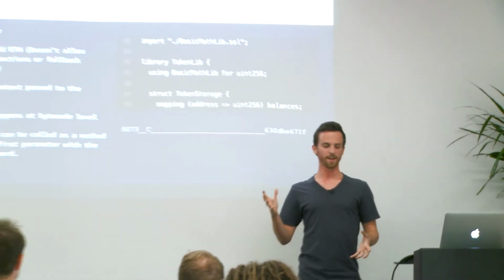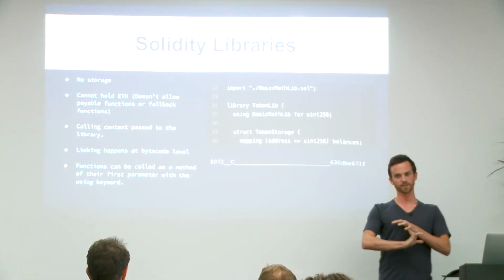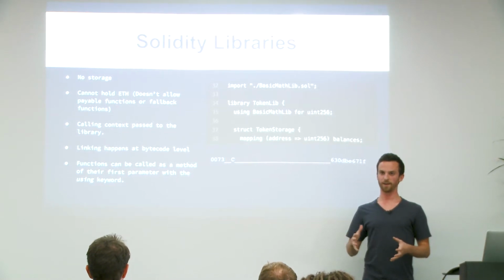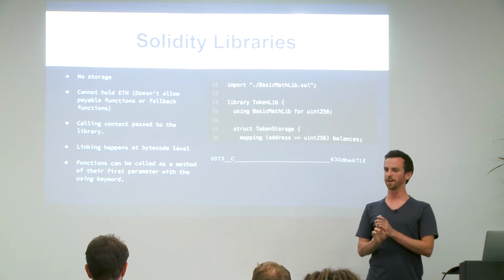So now we're going to go into what a library entails in Ethereum. A library in Solidity is kind of like a regular smart contract, except it has no storage and cannot hold any ether. So it doesn't have any payable functions.